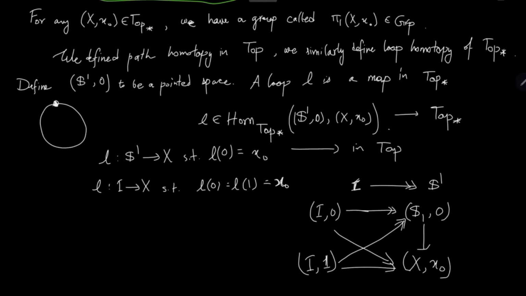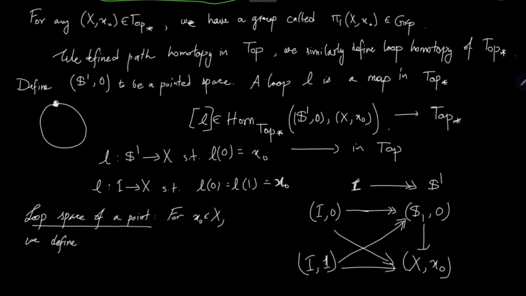And the loop space of a point x naught in X, we define... L is actually a map here, not a problem.